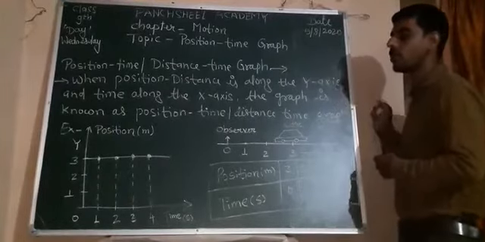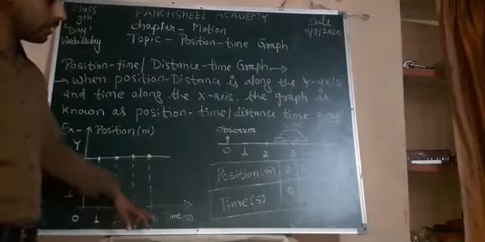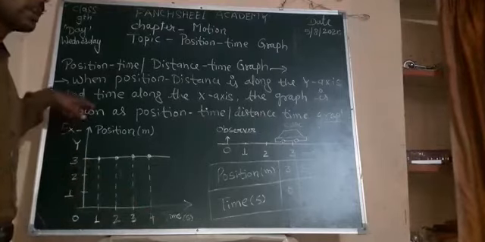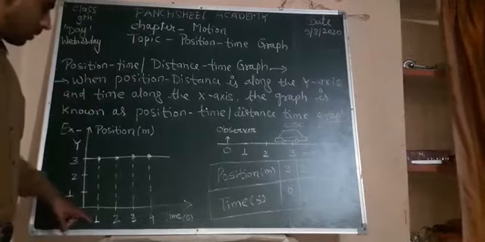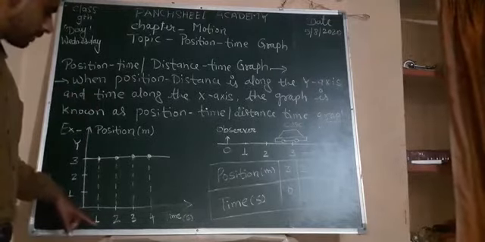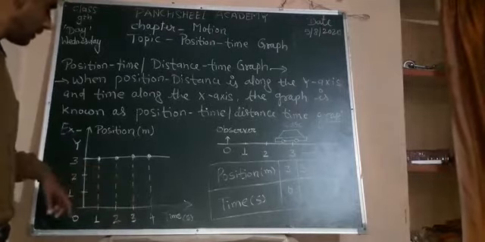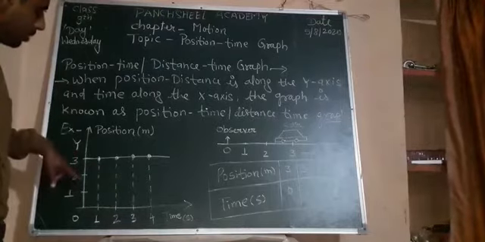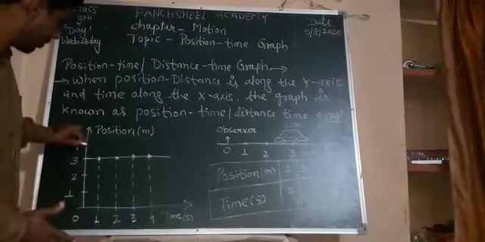So how to plot the graph? Please see here. This is the time interval along the x-axis and this is the position along the y-axis. On the x-axis, time in 1 second, 2 second, 3 second, 4 second, and along the y-axis, the position or distance in 1 meter, 2 meter, 3 meter and 4 meter and so on.